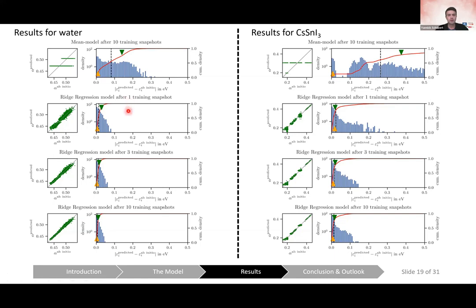And then in the remaining rows, I show the results after an increasing number of training snapshots. So in the first row, I show the results after 1 training snapshot, then the results after 3 training snapshots, and then the results after 10 training snapshots.